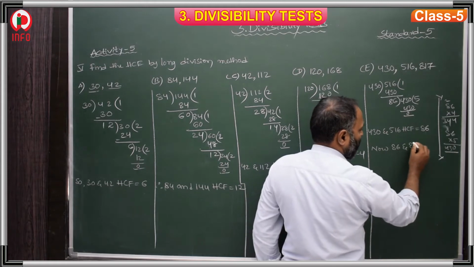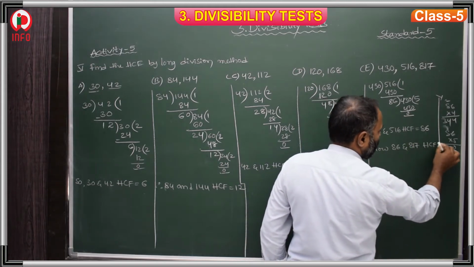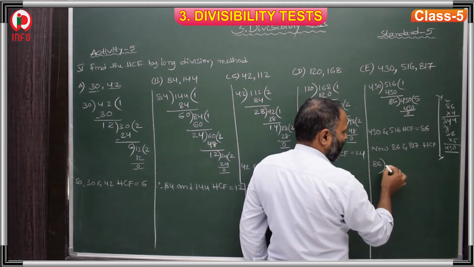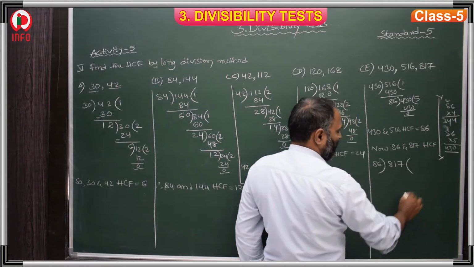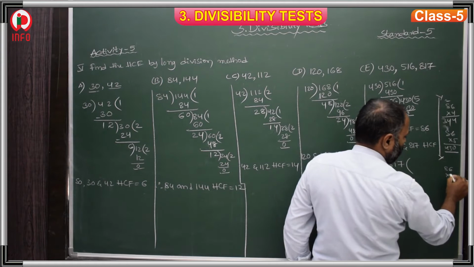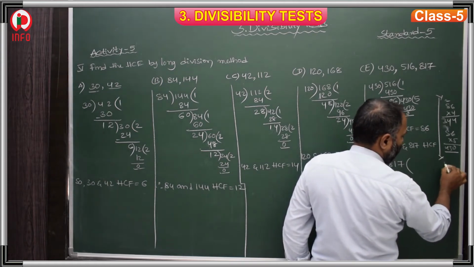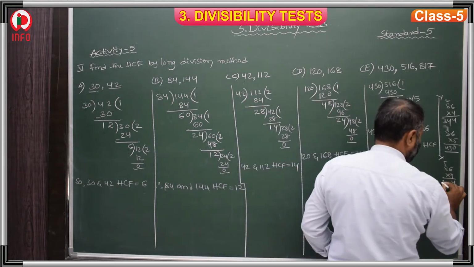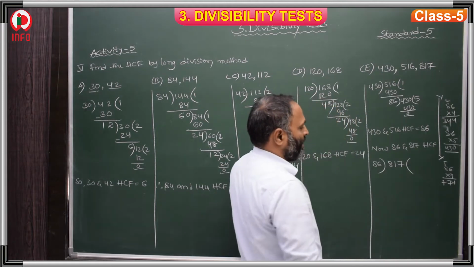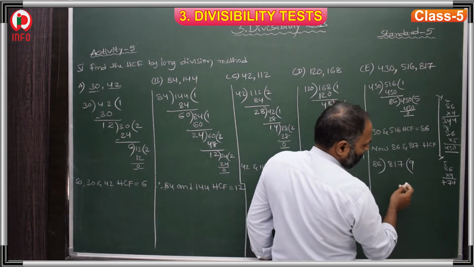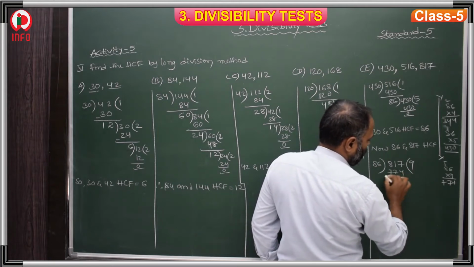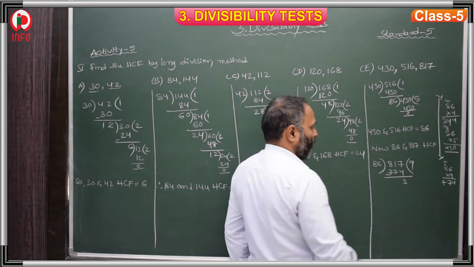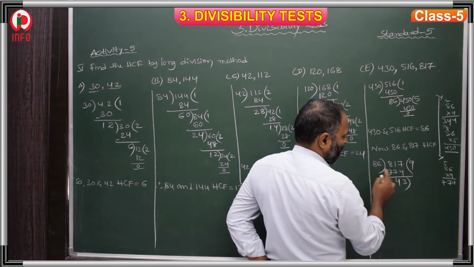So we have to find HCF of these two now. 86 divided into 817. 86 nines are 774. 9 6s are 54, 9 8s are 72, plus 5 is 77, so 774. Then subtracting, we get 43.